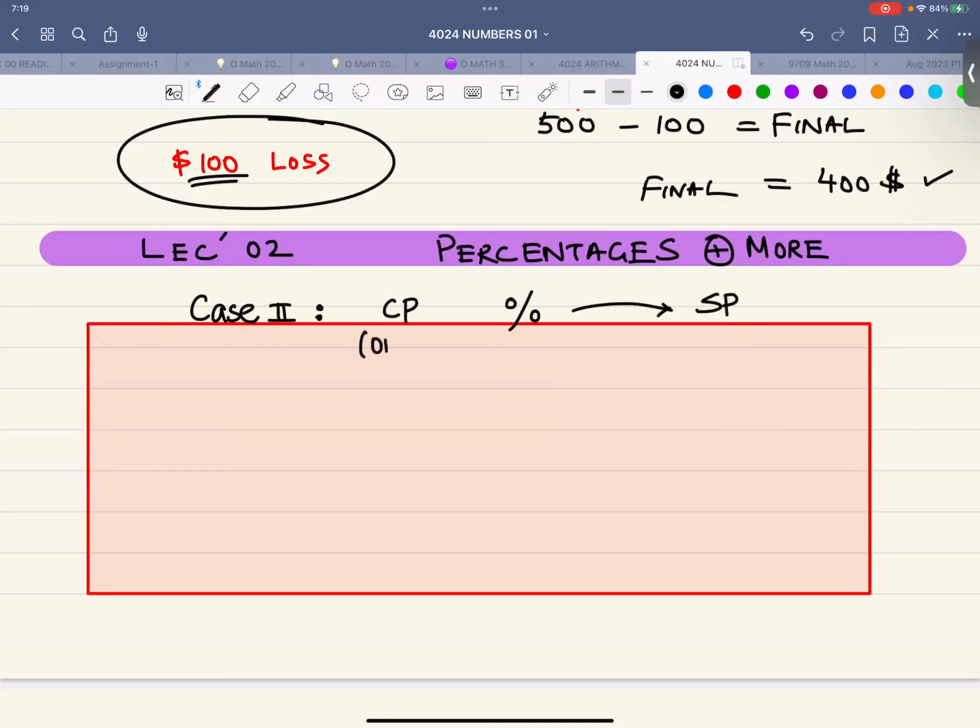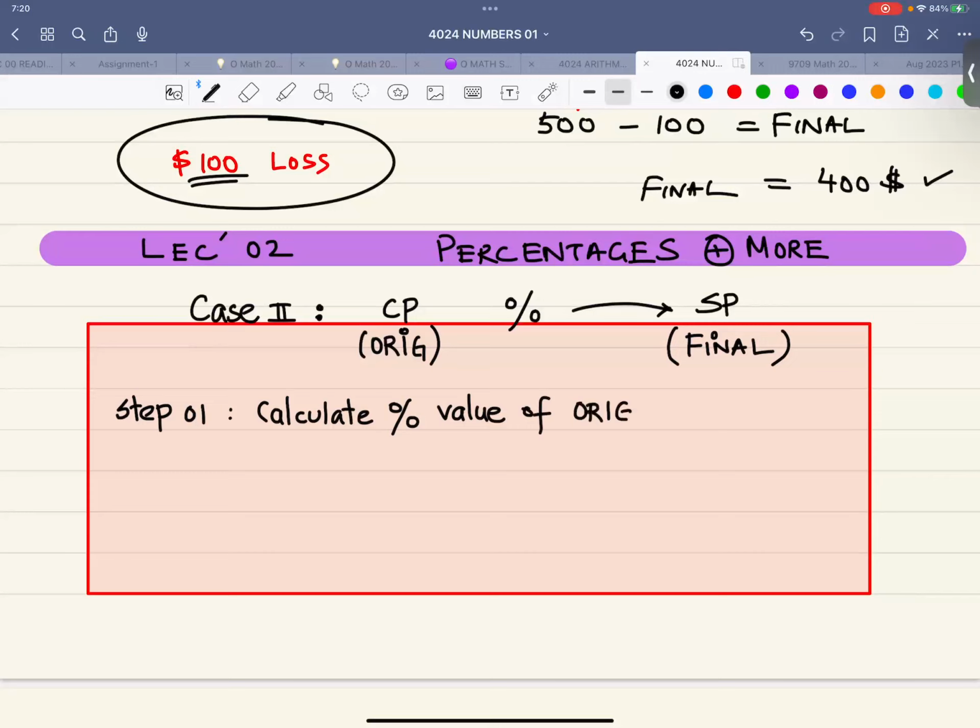Cost price is like the original price and selling price is like the final price. Now, there are two steps involved. The first step, whether we are talking about loss or profit, it doesn't make a difference: calculate the percentage value of the cost price, the original price. This is step one, and then step two.